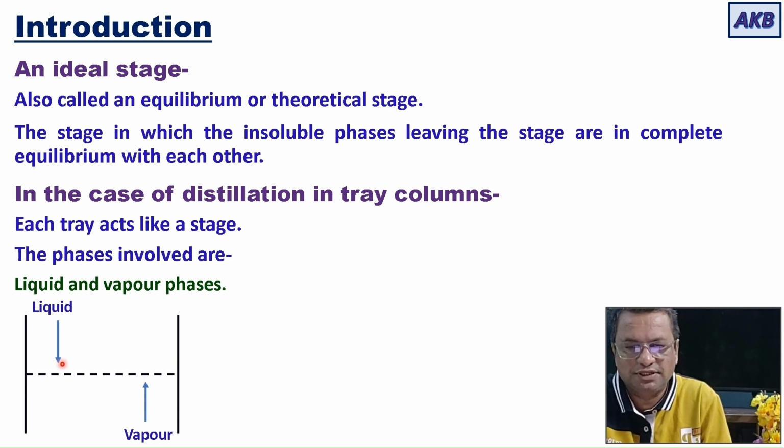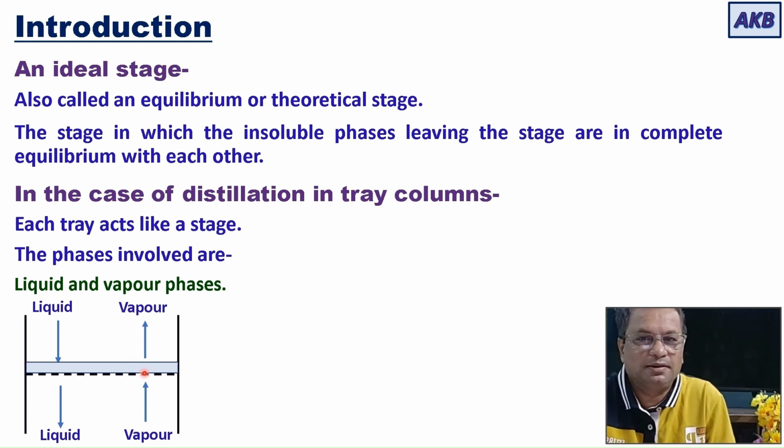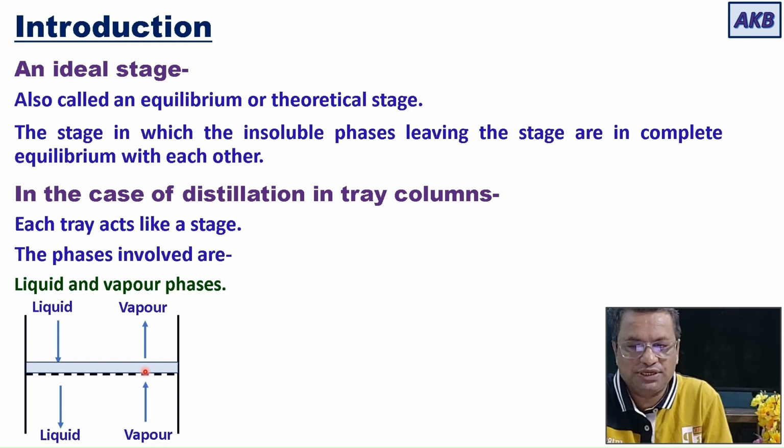In this case, liquid is coming onto the tray, vapor is also coming onto the tray. There is intimate contact between them. Mass transfer occurs between them. They try to go to equilibrium and then they leave the tray, or the stage. So the tray in this case is acting as a stage.